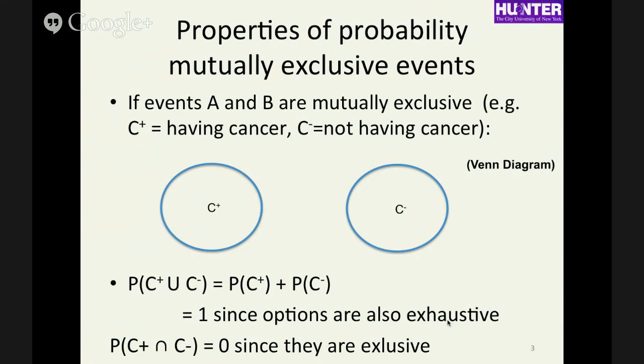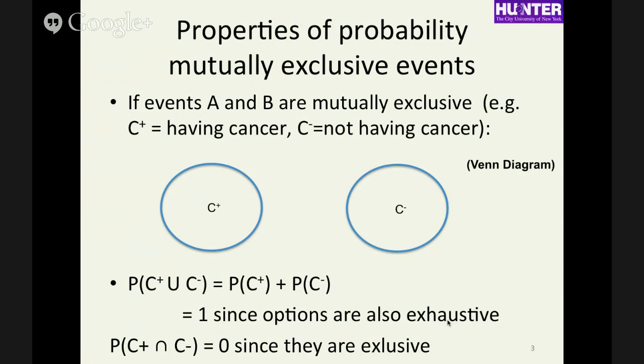And if they're exhaustive, such as in this case, then that sum is 1. So if there were a third mutually exclusive, like indeterminate, that's possible, then the sum of all mutually exclusive and exhaustive events is 1. So the sum of the probabilities of all possible outcomes is 1. That's one of your basic laws of probability.